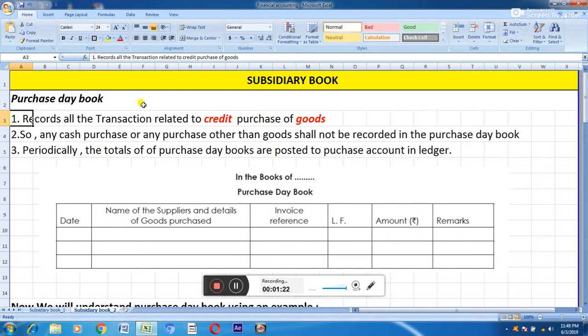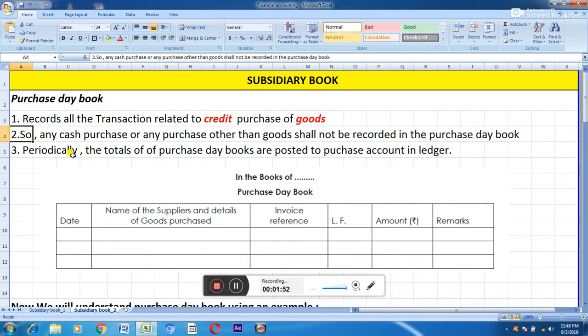Here I have highlighted the points: credit purchase and purchase of goods. That means whenever you are purchasing something on credit and that purchased product is a resellable product, not an asset, only then will this kind of transaction be posted in the purchase day book.